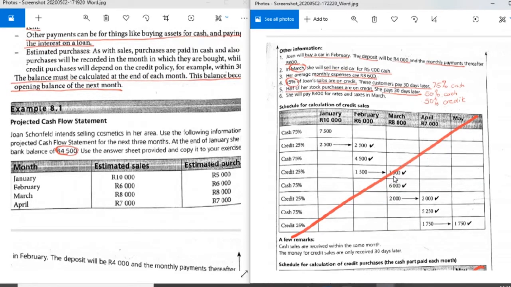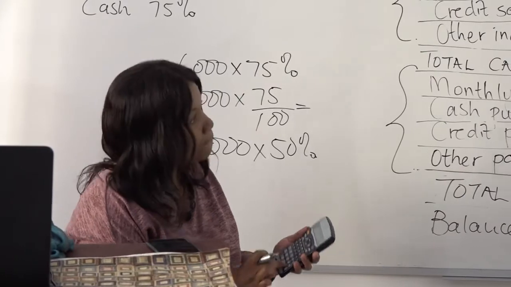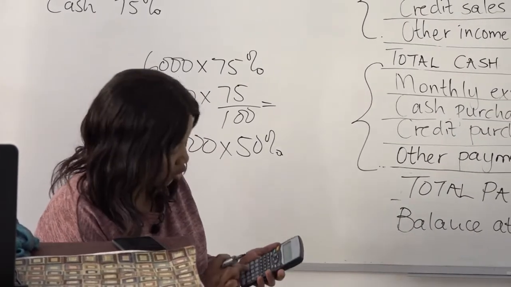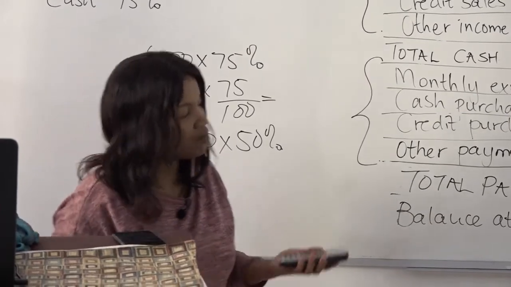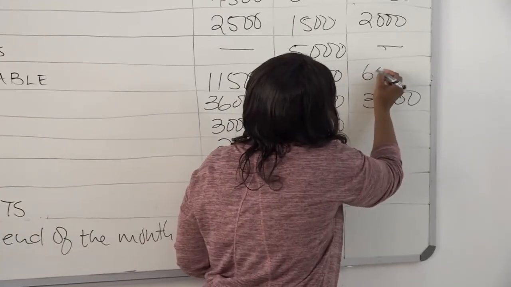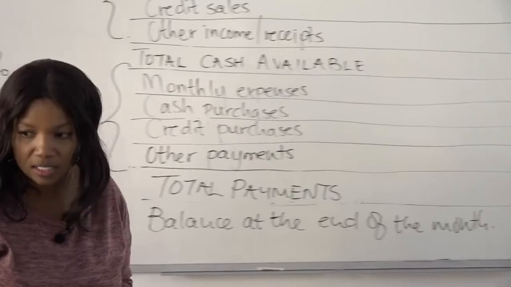Therefore, we simply put a dash and we do calculation for our total cash available, which is negative 700 plus 5,250 plus 2,000 rand. Then we have positive 6,550. It is our total cash available.